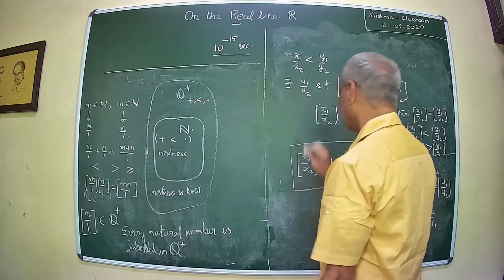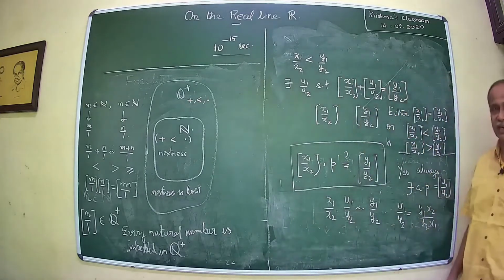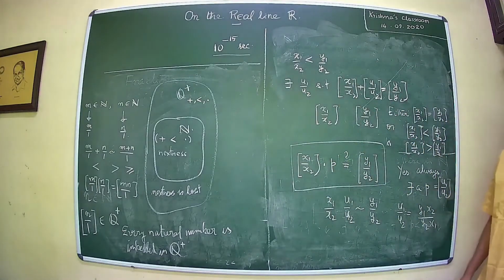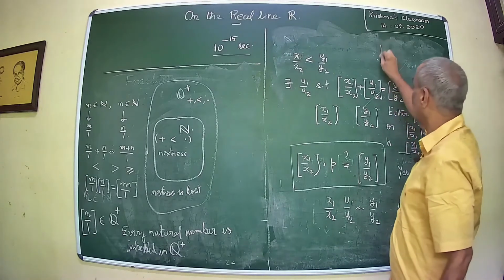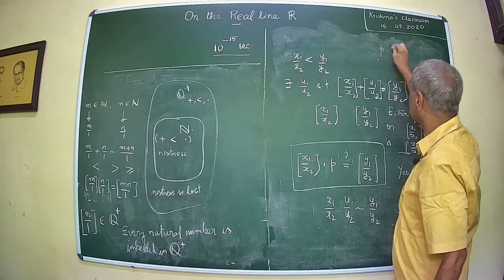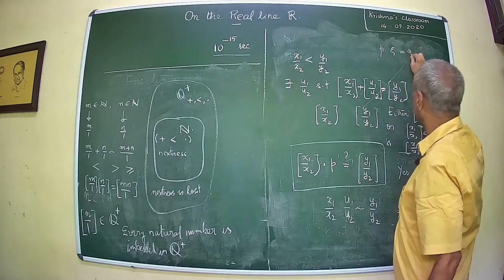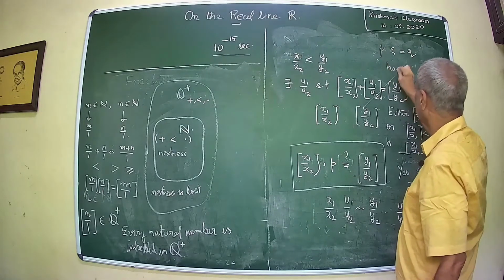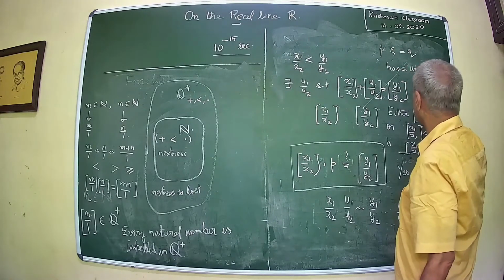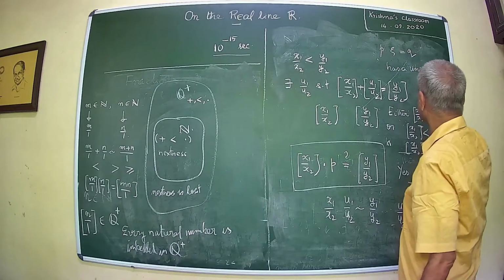This equation always has a solution. So at least in the case of positive rational numbers, the equation P into psi equal to Q has a unique solution.